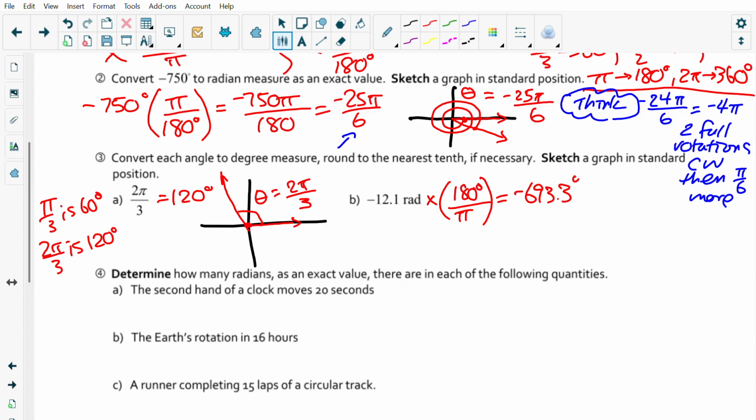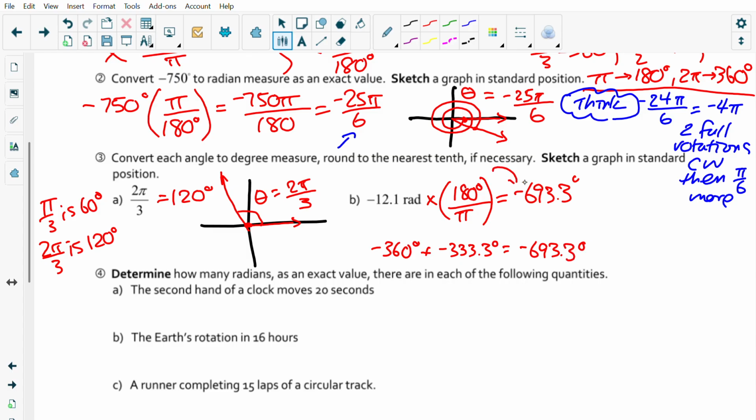Well, I know one full rotation is negative 360. And then I have negative 333.3 degrees more to go to get to negative 693.3 degrees.